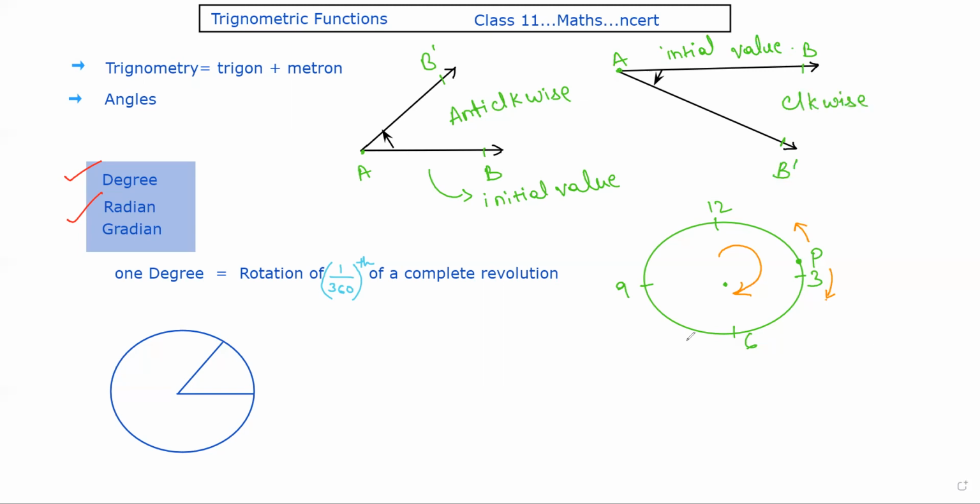The final positions that they reach are said to be final values. So AB dash is the final value of your ray, and similarly here, AB dash is also the final value of your ray. The point which is kept fixed is called the vertex.